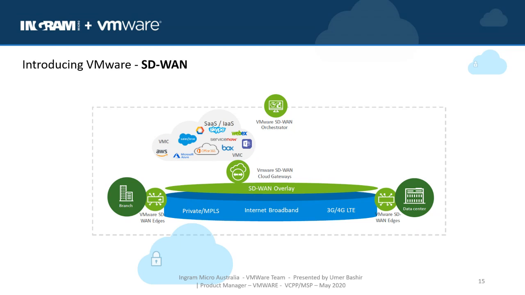On the cloud side, let's suppose one of your branches wants to use Office 365 or any other SaaS application. For the enterprise app, the usual process is backhauling, which is a very long process. It would access the internet, go from the branch to the data center, choose the secure network, and then go to that app, and that's actually a very long process. The solution for that is called the Cloud Gateway device. That sits very close to the SaaS application.